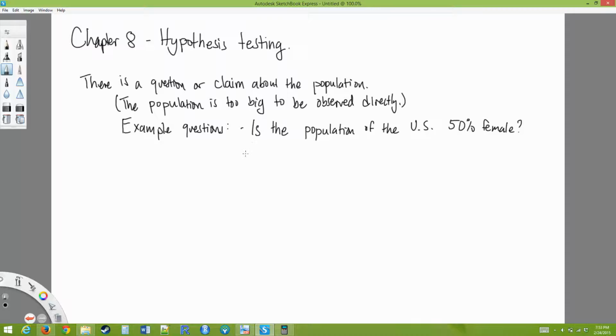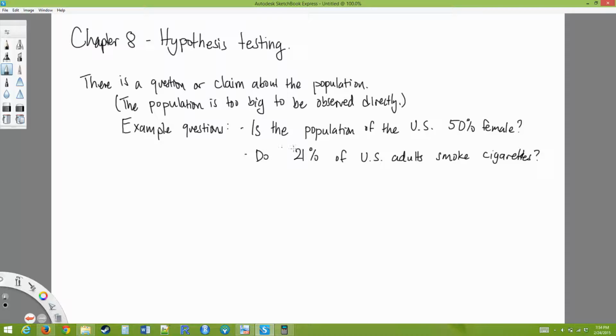All right, or we could say, do 21% of U.S. adults smoke cigarettes? Okay, these are the types of questions we want to answer.